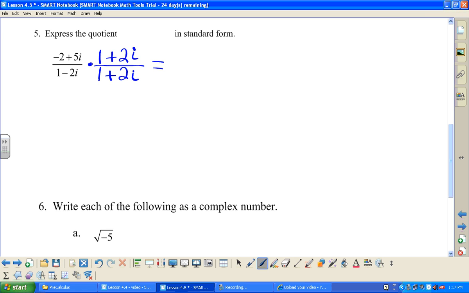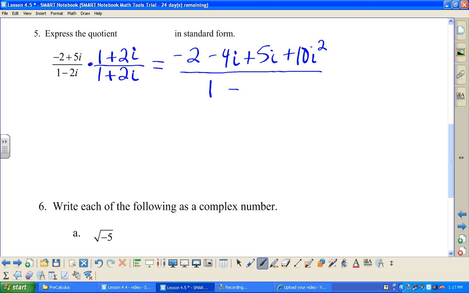So we FOIL the numerator, get negative 2 minus 4i plus 5i plus 10i squared. In the denominator, notice we have conjugates, so we'll have 1 minus 4i squared in the denominator.